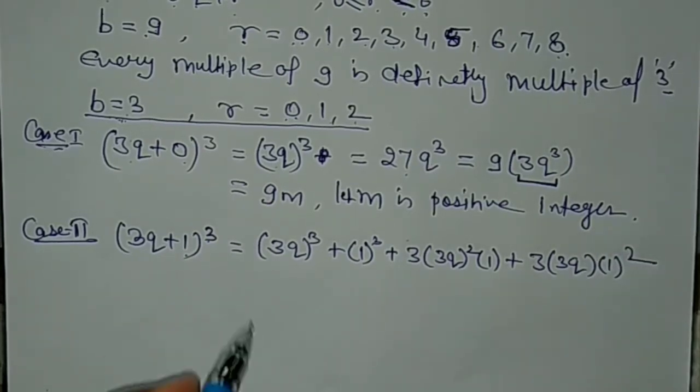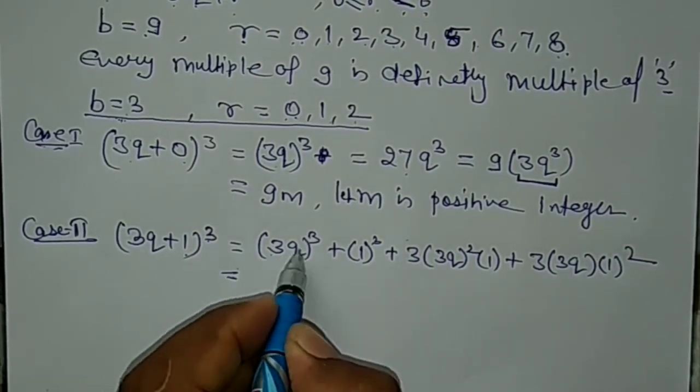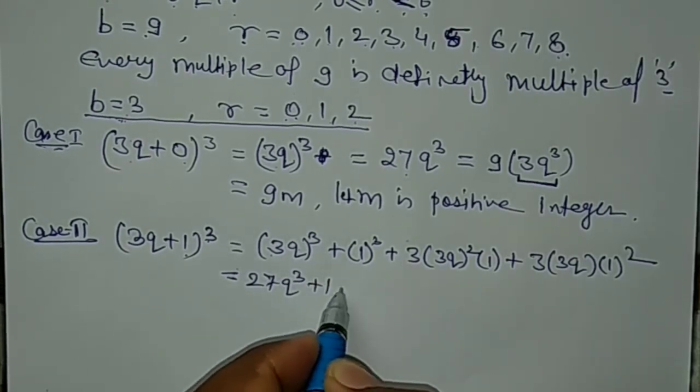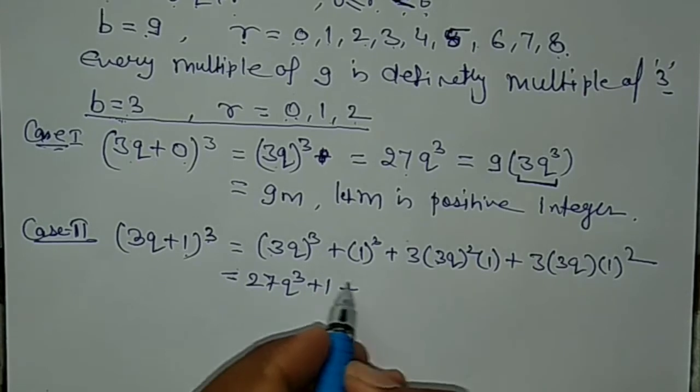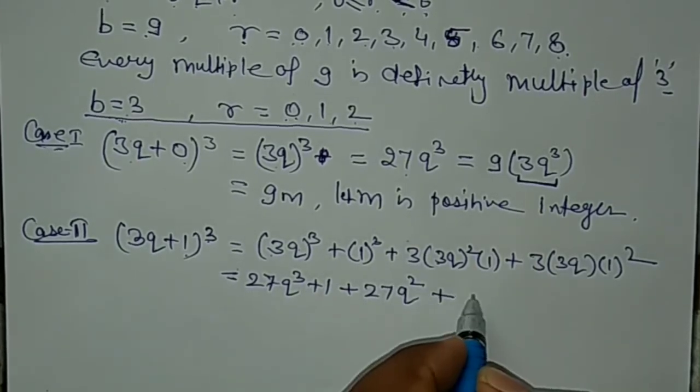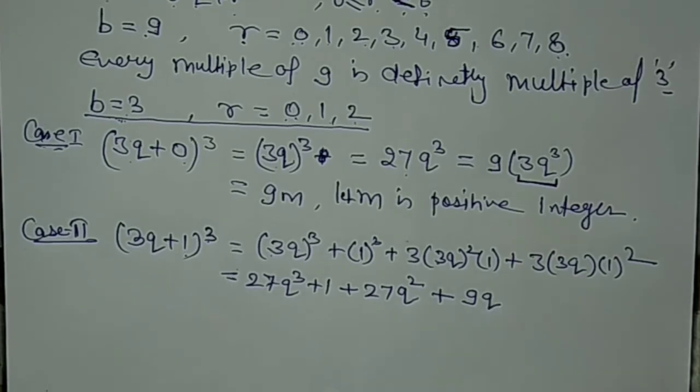Now 9 times 3 is 27 q cube plus 1 plus 27 q square plus 3 times 3 is 9 q.